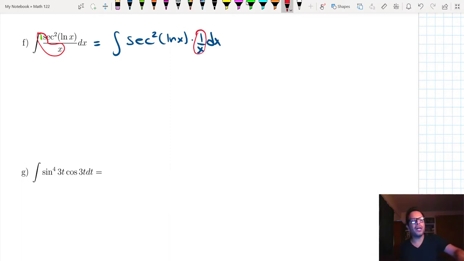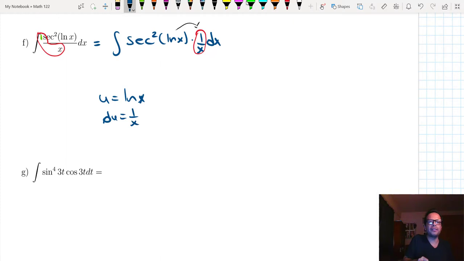There's a reason why I'm rewriting it that way. The reason is that 1 over x is the derivative of ln x. So that's going to work as our u. So u equals ln x, and du is 1 over x dx.